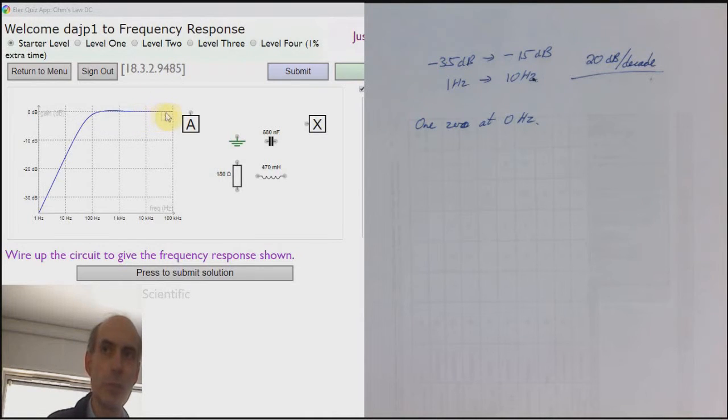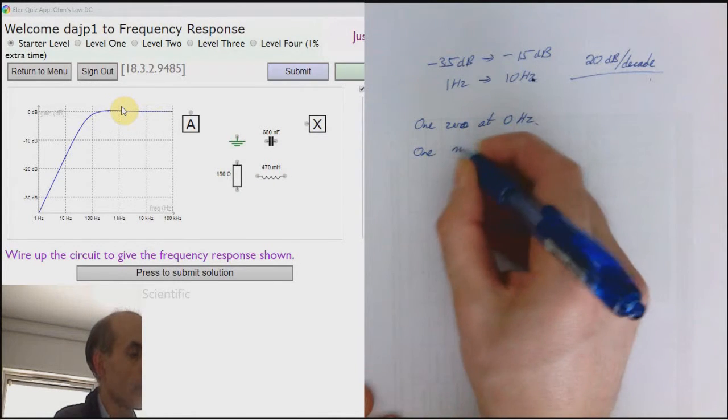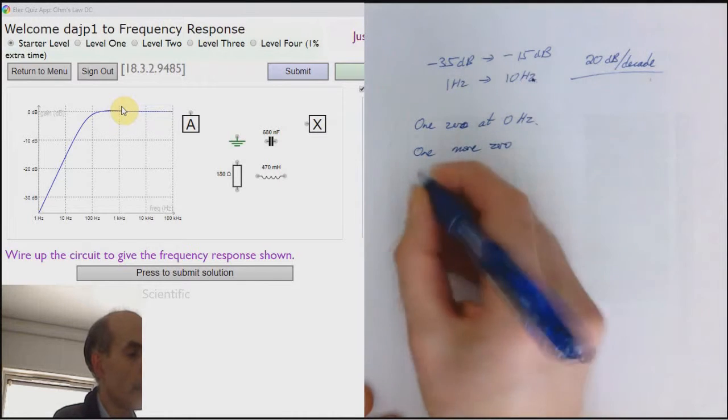If the net result is flat, then there must be an equal number of zeros and poles. We know there are 2 poles, there must be another zero there as well. So there's one more zero somewhere, and there are 2 poles.